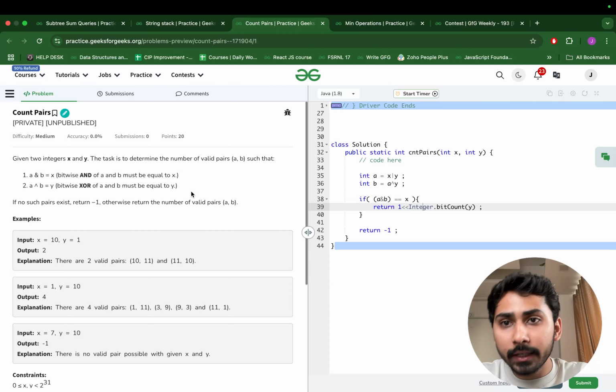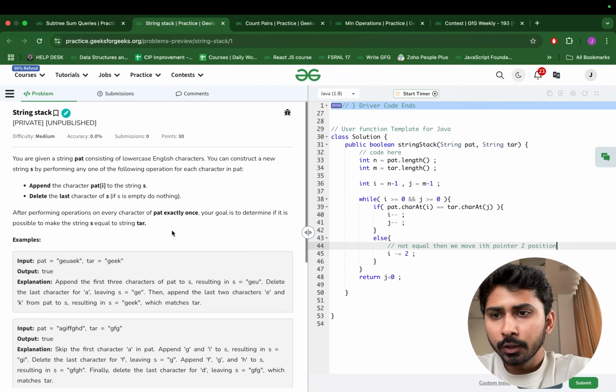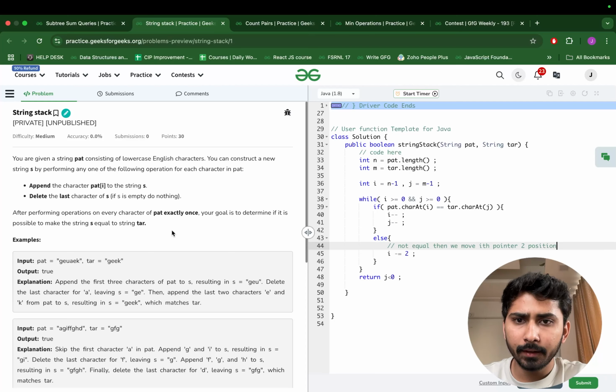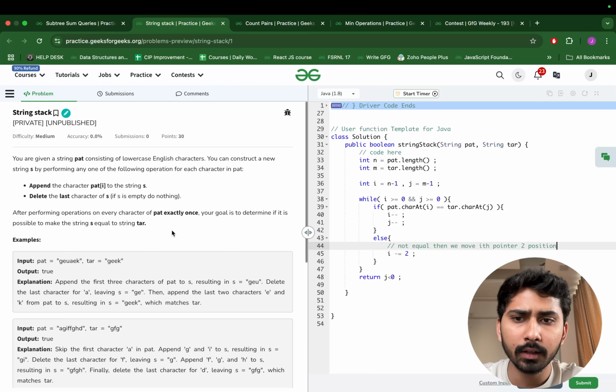Okay, so now let's move to the next question, the third question, that is string stack. Here you are given a string pet consisting of lowercase English characters, and you can construct a new string s by performing any one of the following operations for each character in pet. On every character of pet you are supposed to perform one of the given operations.